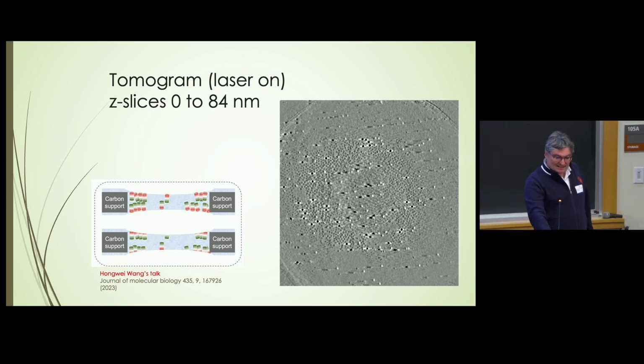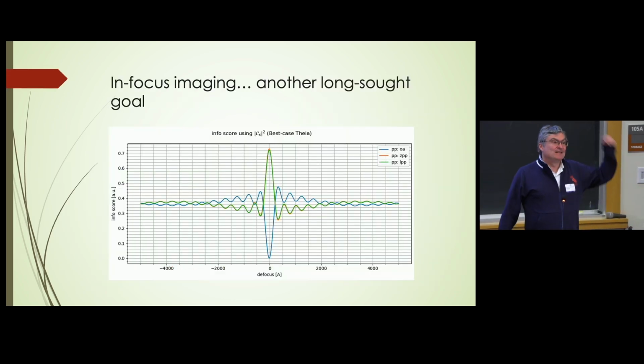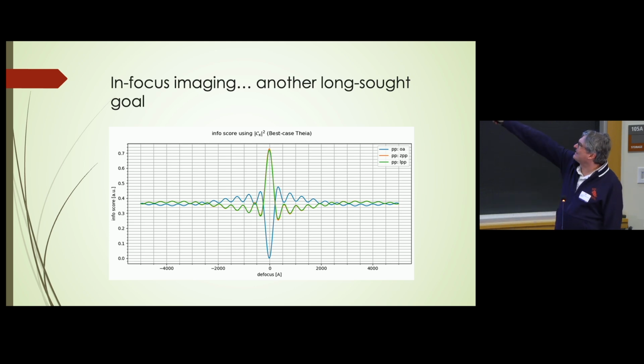Okay, last thing I want to say, with the faceplate, you can, in principle, get rid of defocus and image at 0 defocus, and this is a pure theory plot, just integrating the contrast transfer function over all spatial frequencies, and you see that, in principle, you get almost twice the information when you're at exactly 0 defocus.